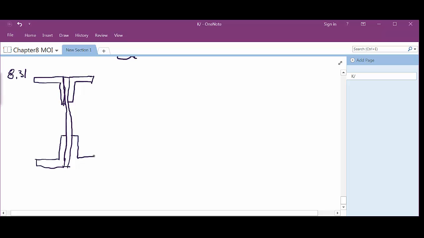So I made this 1, 2, 3, and 4, and then I made this 5 plate. Okay? So, the area of 1 equals the area of 2 equals the area of 3 equals the area of 4 equals what they told me it was in the book, right?